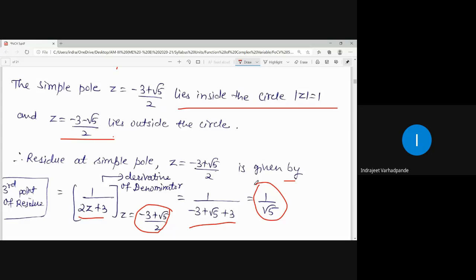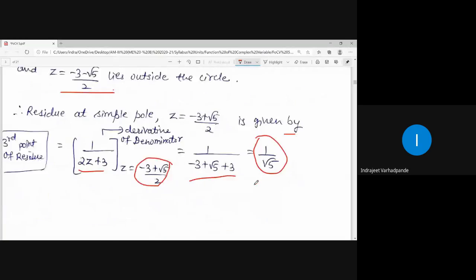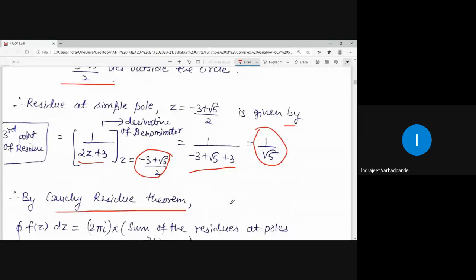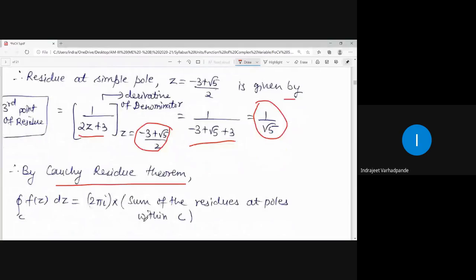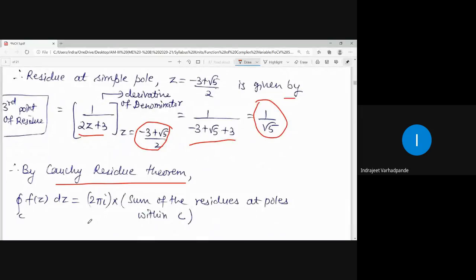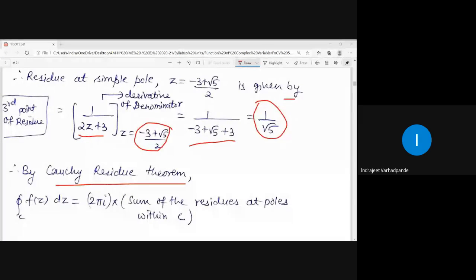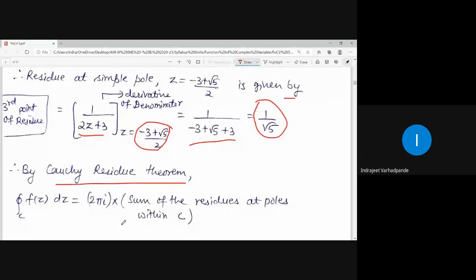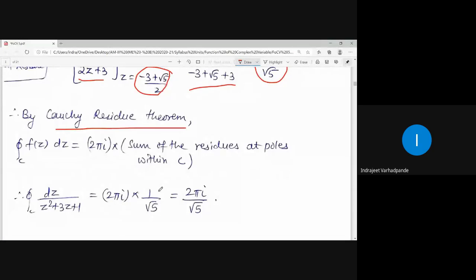Multiply this by 2πi, and finally the original integral I is equal to half times this. So that is how by Cauchy residue theorem, 2πi into the sum of the residues at poles within C, 2πi into 1 upon root 5, that is 2πi upon root 5, is the value for only this integral.